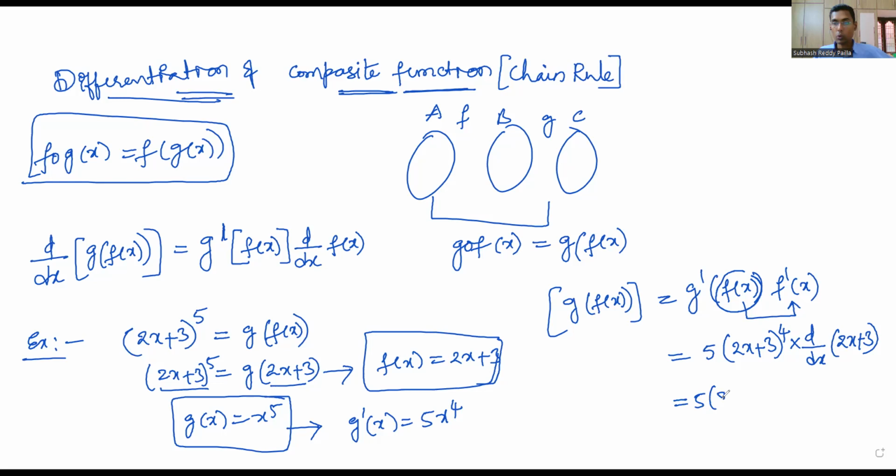So 5 into 2x plus 3 whole to the power of 4 into differentiation of 2x plus 3. Differentiation of 2x is 2 into 1, plus differentiation of 3 is 0. So the constant 2 you keep aside, and the extra differentiation is 1 plus 0. So 5 into 2, which is 10, into 2x plus 3 whole to the power of 4. Yes, this is what it is.